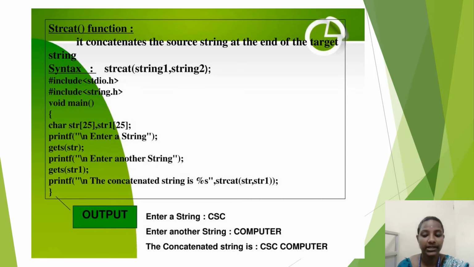Our first string is CSC and the second string is computer. So the final concatenated string will be combining the two strings together. For a string, we use the control string %s. So %s will be used to perform string handling functions.